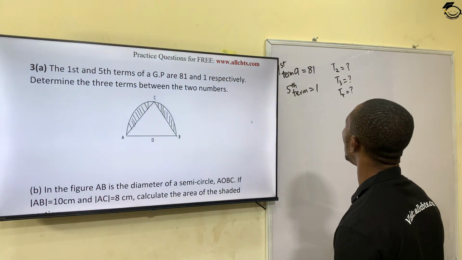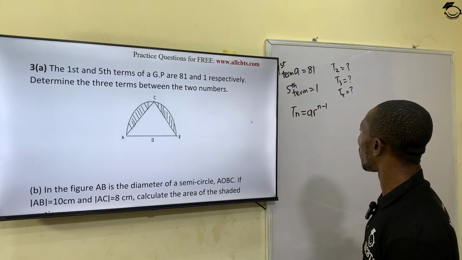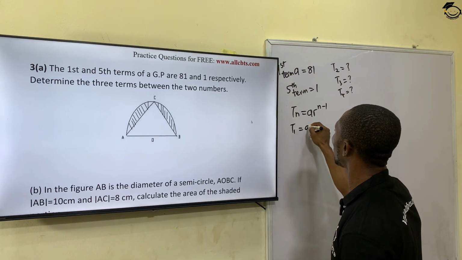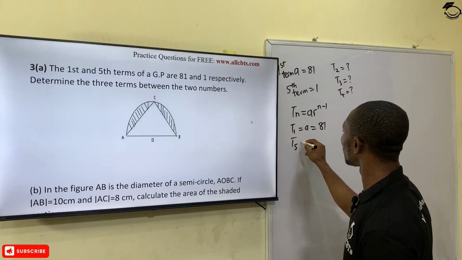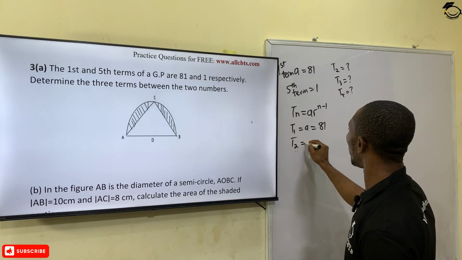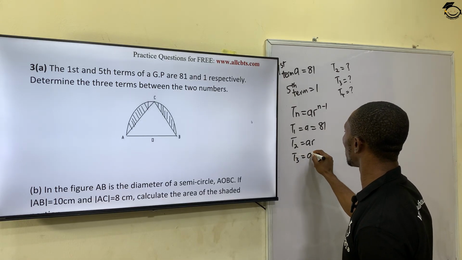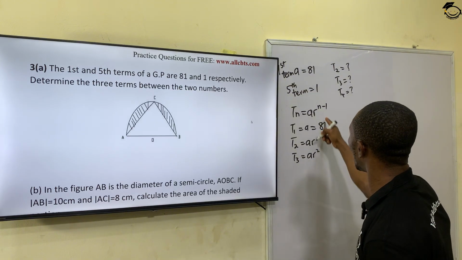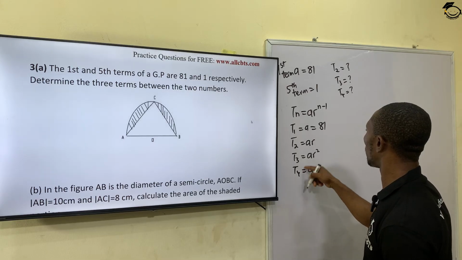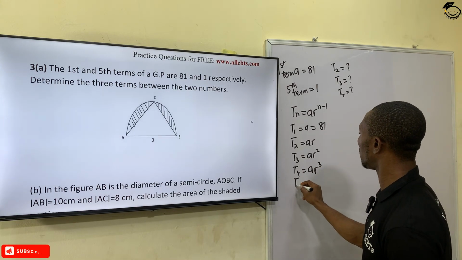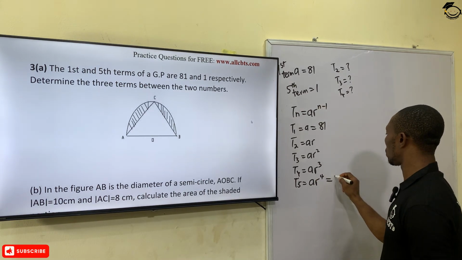Now, we know that for a geometric progression, we have our formula as Tn equals AR to the n minus 1. So for the first term, T1, we have A, which is 81. T2 is AR, T3 is AR raised to power 3 minus 1, which is 2, T4 is AR raised to power 4 minus 1, which is 3, and T5 is AR to the 5 minus 1, which is 4, giving us 1.